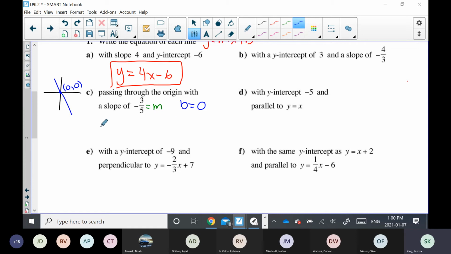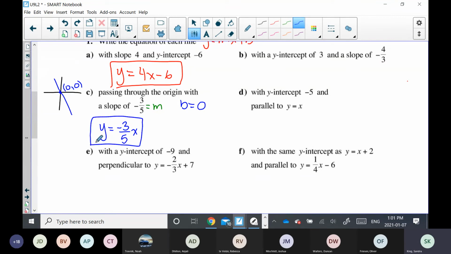So if we were to write this, y is equal to mx plus b, you would say, okay, this is your m value. And then you'd say plus 0. But then at the end of the day, you don't need to write that plus 0. So you would just take that out, and this would be the equation of your line.